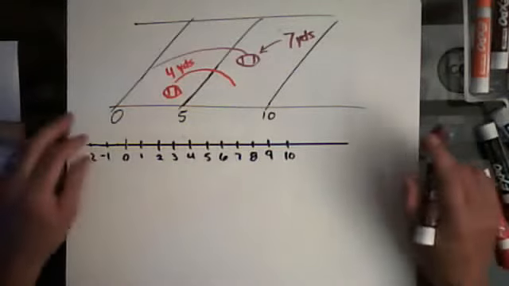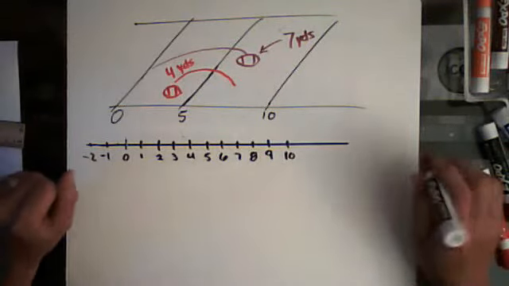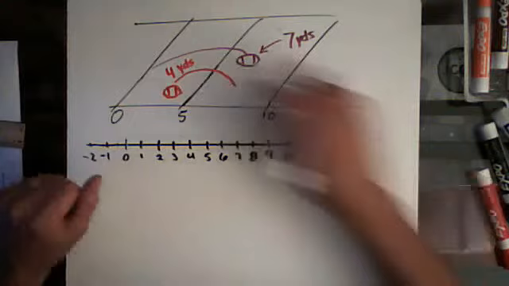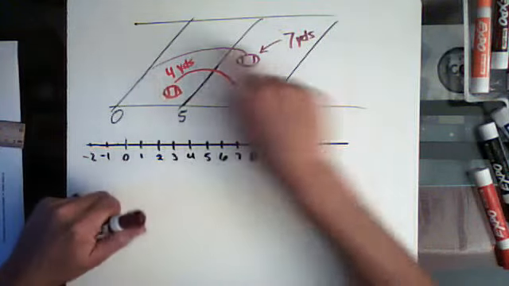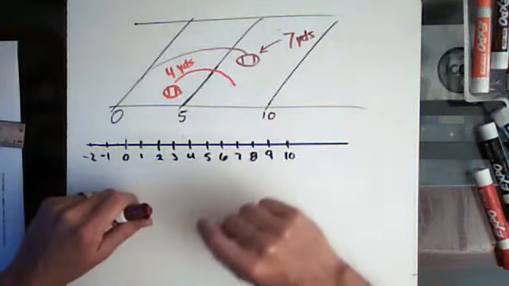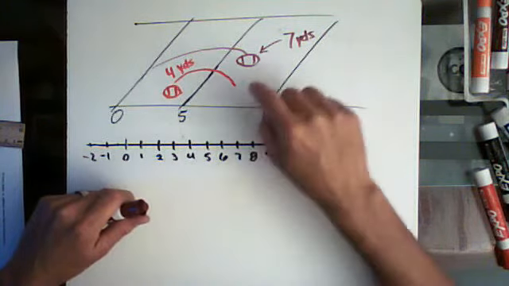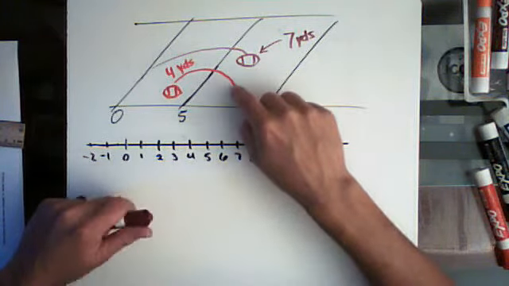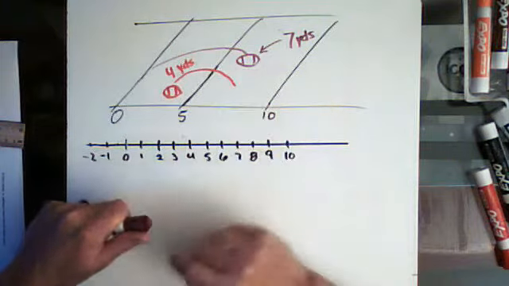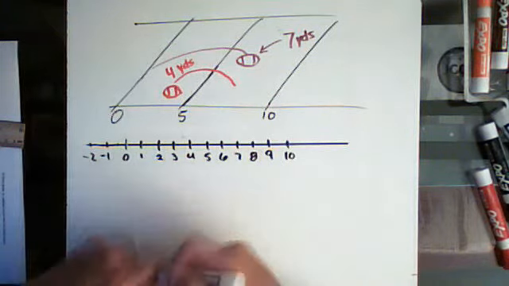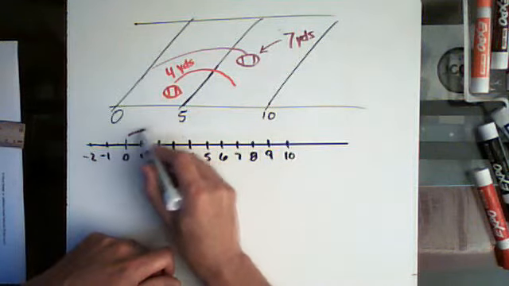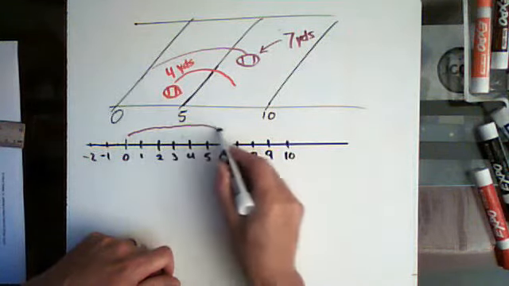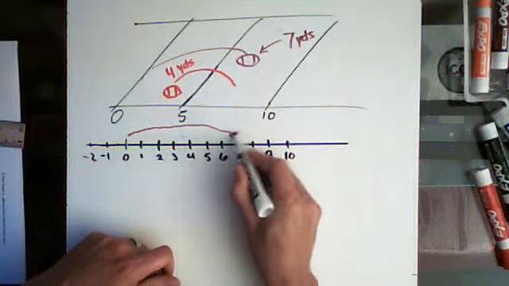Okay, so for our first problem, a varsity football team gains 7 yards on their first play. So we'll imagine they started at the 0 here and gained 7 yards. Then on their second play, they lost 4 yards, so the ball went backwards. We can look at this on a number line and imagine that we started at 0 and the ball gains 7 yards right there.